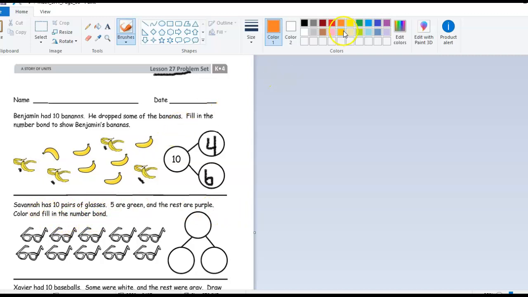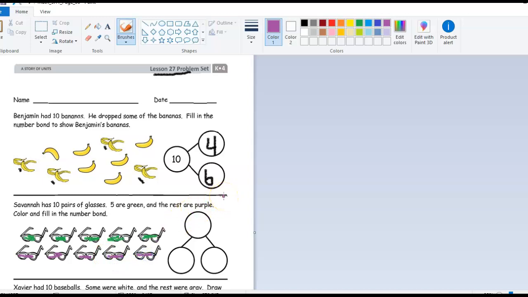So actually, I'm going to change my color to green. 5 are green. And the rest of the glasses are purple. So I'm going to color the rest of the glasses purple. So that way we can find our parts and our whole.